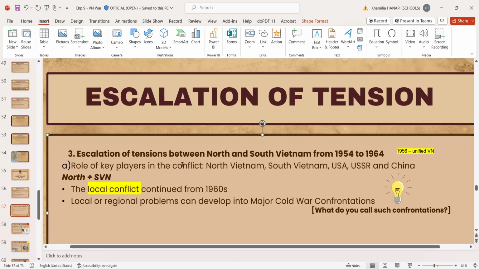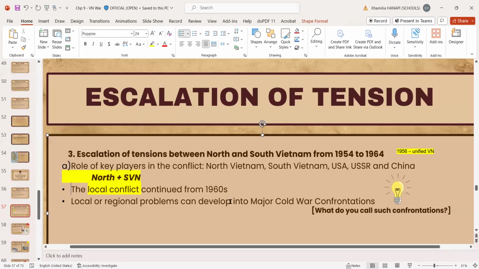This is the meaning of local conflict, and it continued all the way from 1960. Because they didn't know who was best to unify Vietnam, they were still in conflict. Now, local or regional problems can develop into major Cold War confrontation, and we know that.